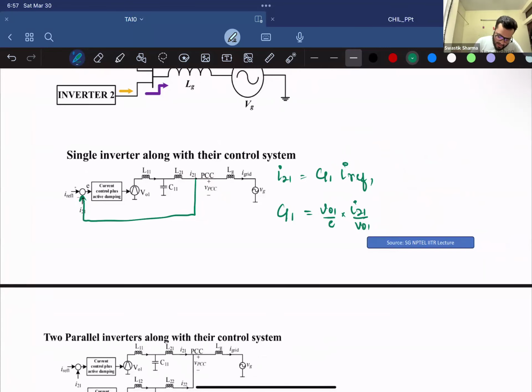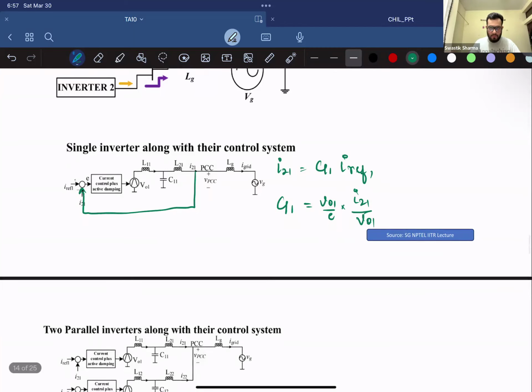So you can easily see that your output current is simply a function of your error, which is your reference current.